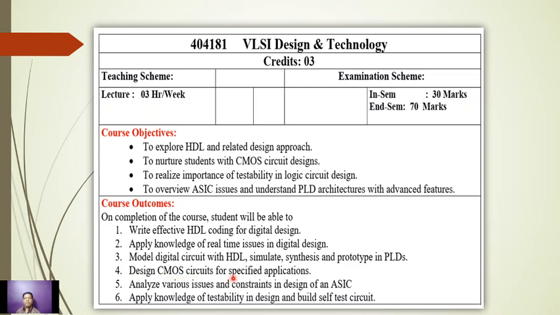Fourth, design CMOS circuits for specified applications. Next, analyze various issues and constraints in the design of an ASIC. Last outcome, apply the knowledge of testability in design and build self-test circuits. Here we have 4 course objectives and 6 course outcomes.